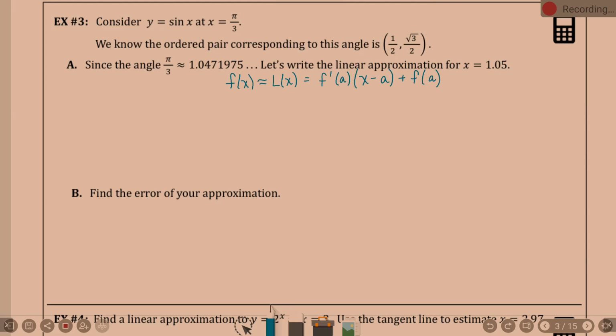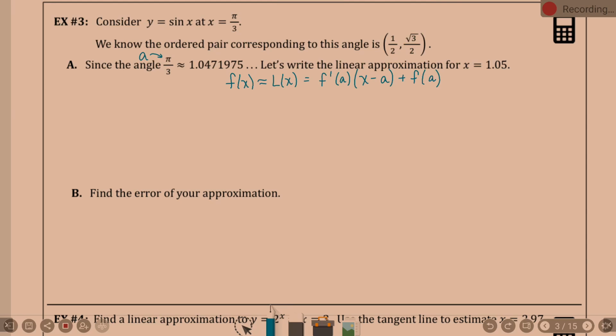Our A value is going to be pi over 3. That's going to be our input value. And they're asking us to write the linear approximation for 1.05, so we'll sub in the 1.05 in the end. Well, do I really want to call pi over 3 our A value?